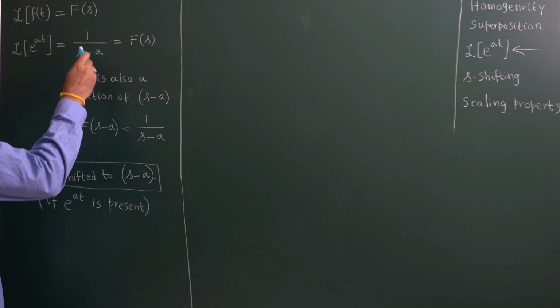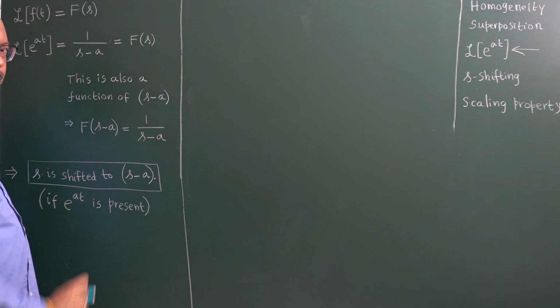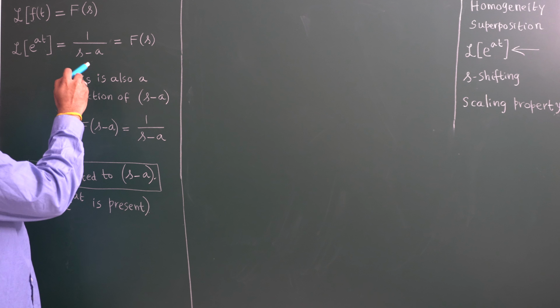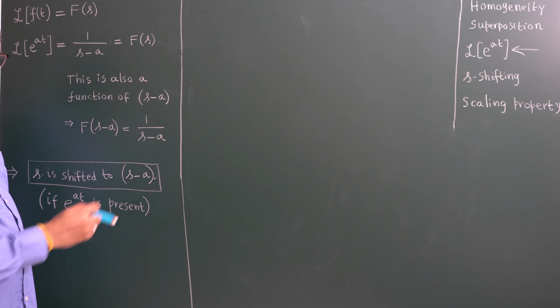So we follow the same convention, that capital F will be used after the transformation. And now the main result that you got for the Laplace transform of e to the power of at is 1 divided by s minus a. Of course, I am not going to repeat the region of convergence, where you understood how to write it down.